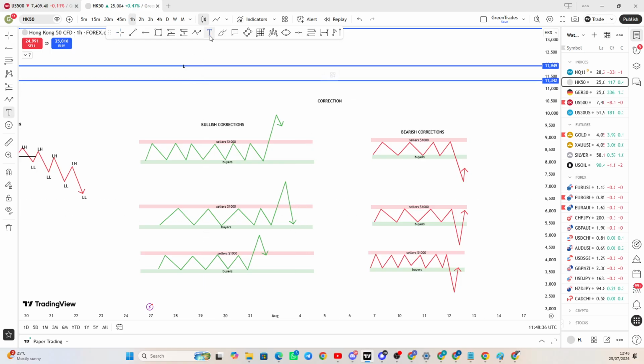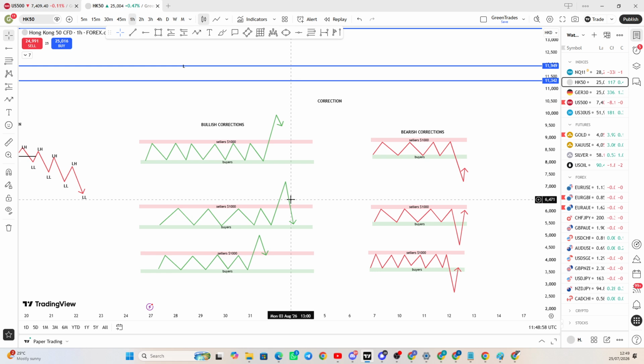But what you're trying to do is use the 4 hour time frame to find your direction. You can do that with a 1 hour, but usually I go on the 4 hour time frame to determine what direction I want to go into, and then I go into 1 hour to get a little bit of structure.